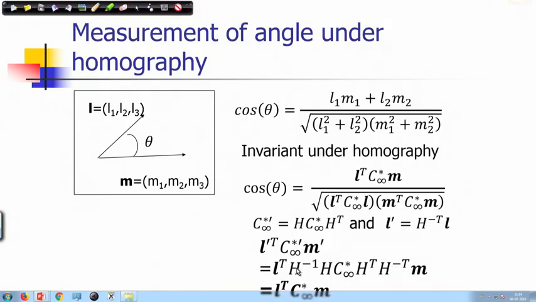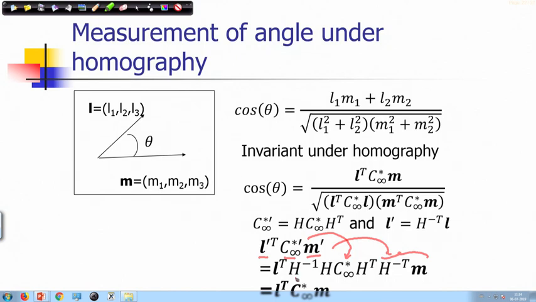In this derivation we can see that this remains the invariant. L prime, which is the transformed line under homography, now becomes L transpose H inverse, and then C infinity star, the dual conic under transformation, becomes this, and then this part is the transformed line.